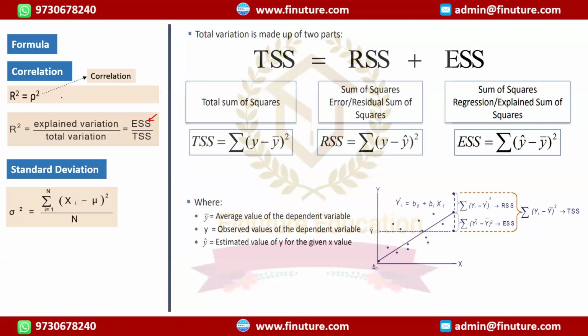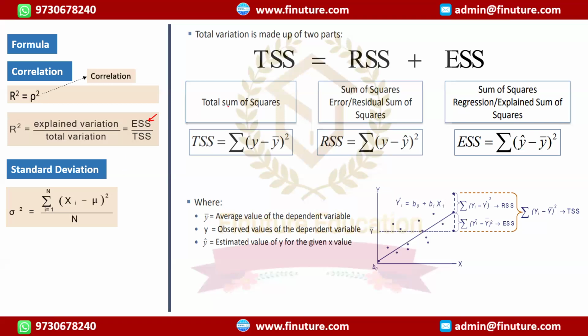These are the formulas that we will talk about, but the exact root of this solution lies in how we calculate ESS and TSS to calculate R square. Eventually, if you have R square, you can just take the root of that. That will give you the correlation. But how you calculate ESS, we'll see in the following slide.